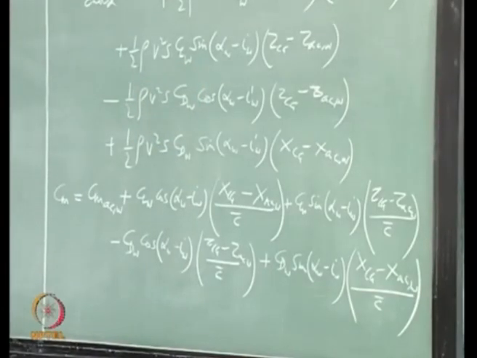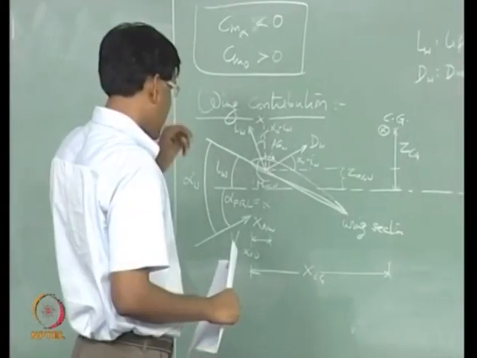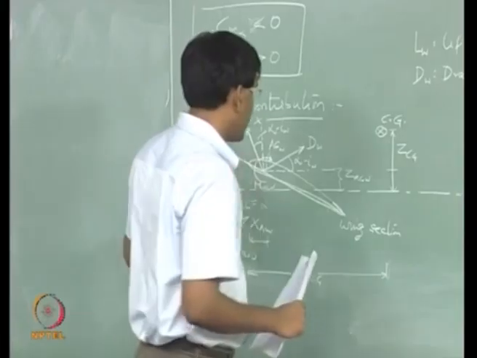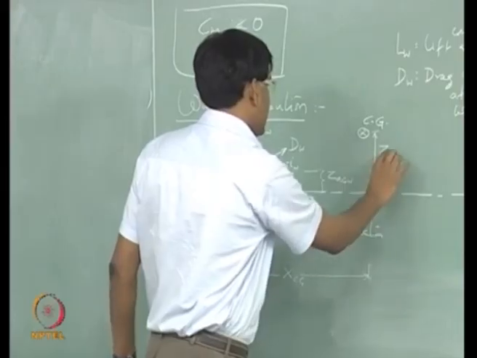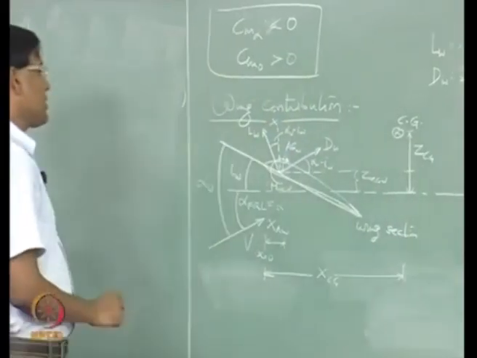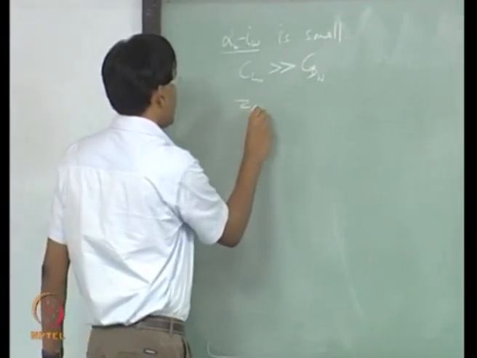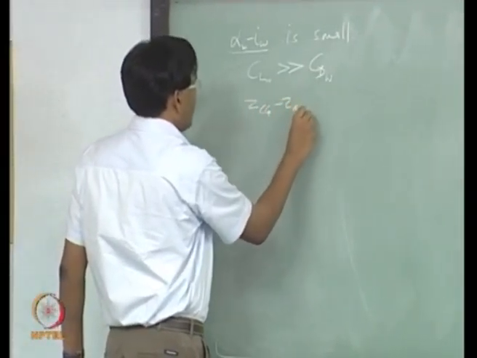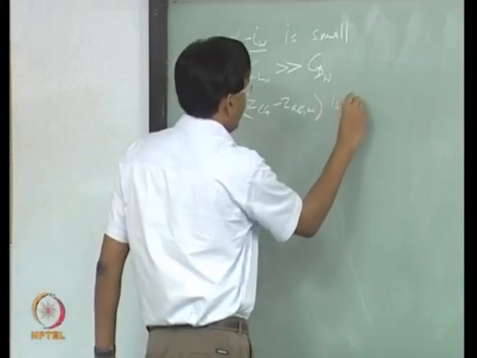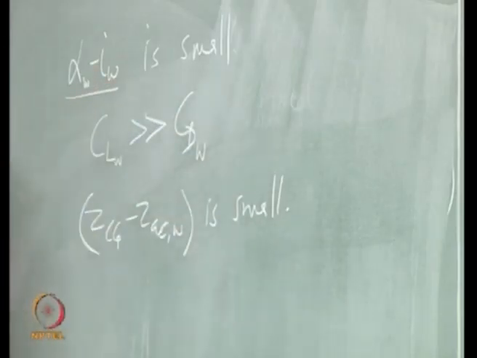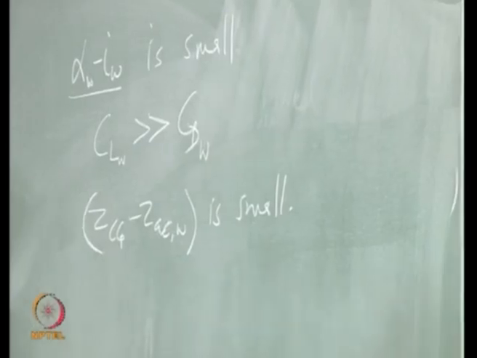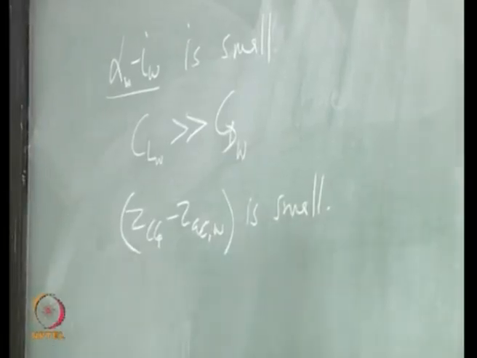Another assumption that one can have, only to look at the simpler form, is that this distance is small. But in general, if these are not valid, then we have to retain all the terms as they are in that equation. So, let us make these assumptions.